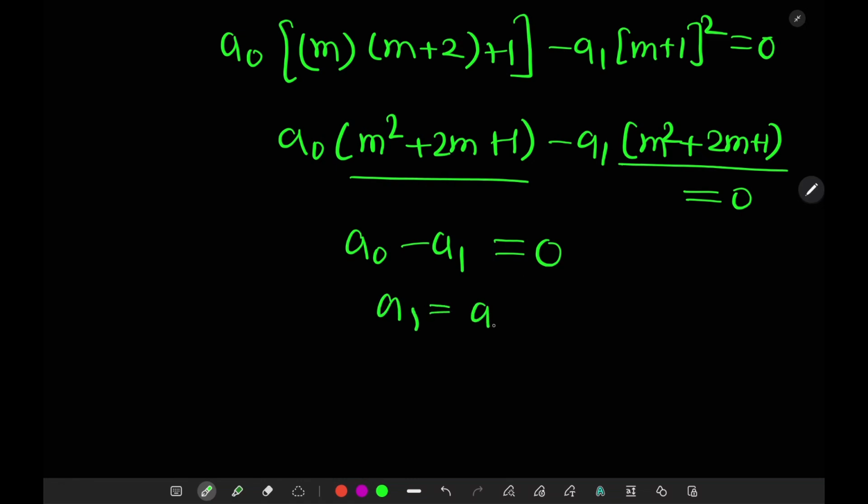So a1 equal to a naught as m equal to 0.